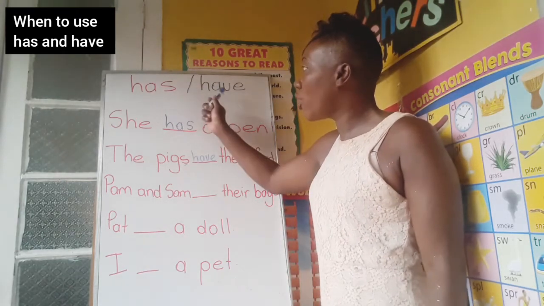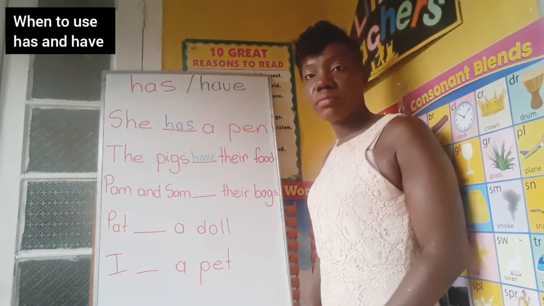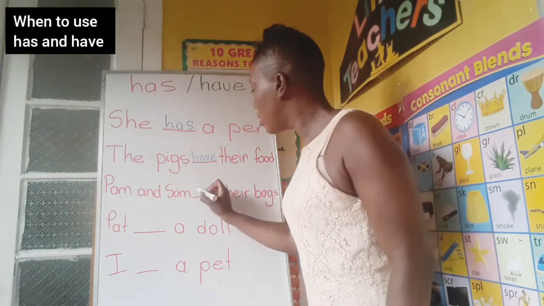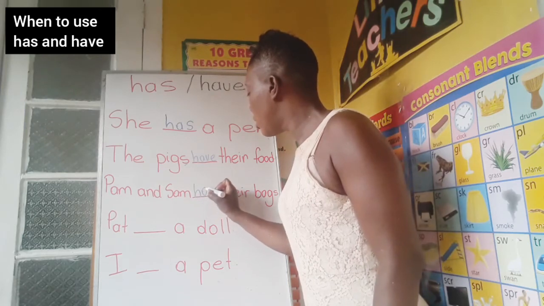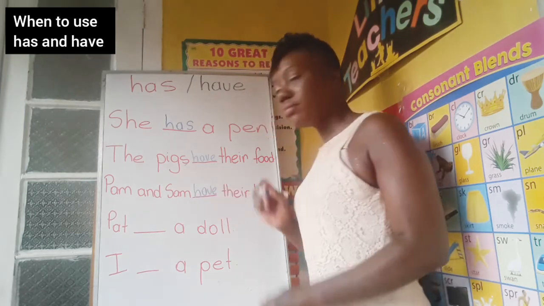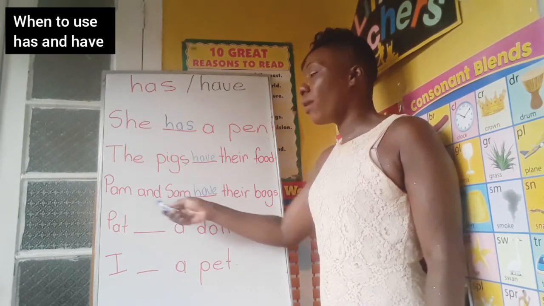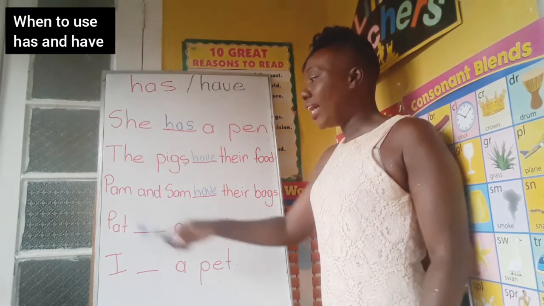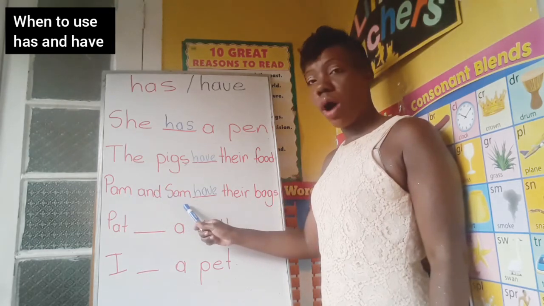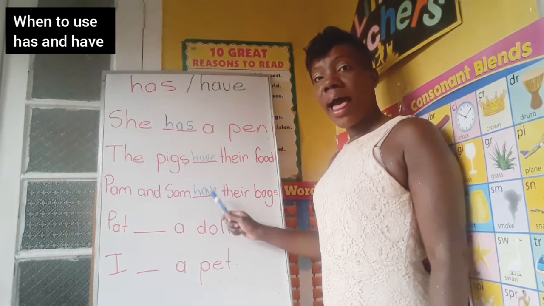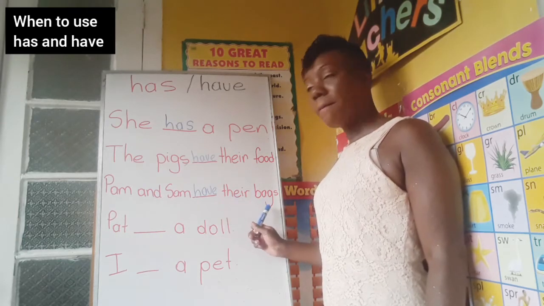So which one of these words would you use? Very good. Have. Nice job, boys and girls. Remember, we use have with plural nouns. And it's speaking about more than one person. Pam and Sam have their bags.